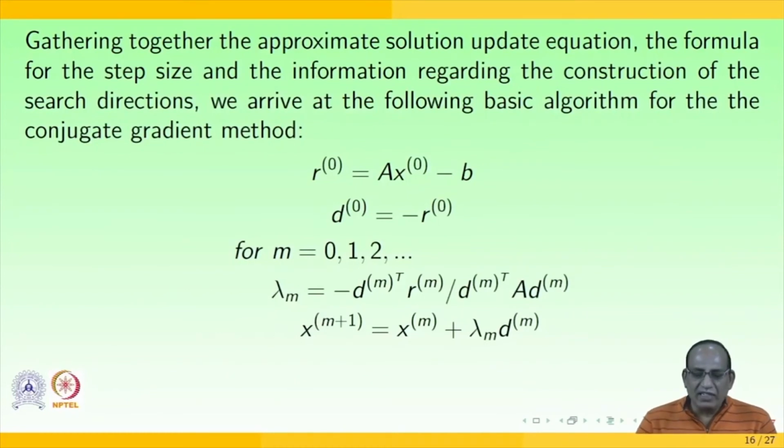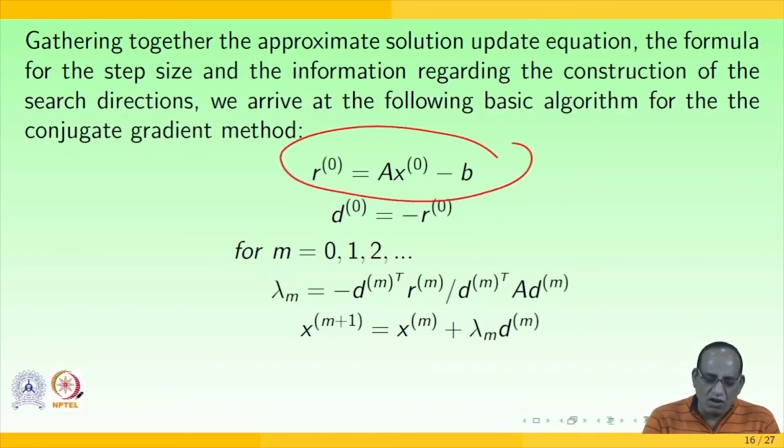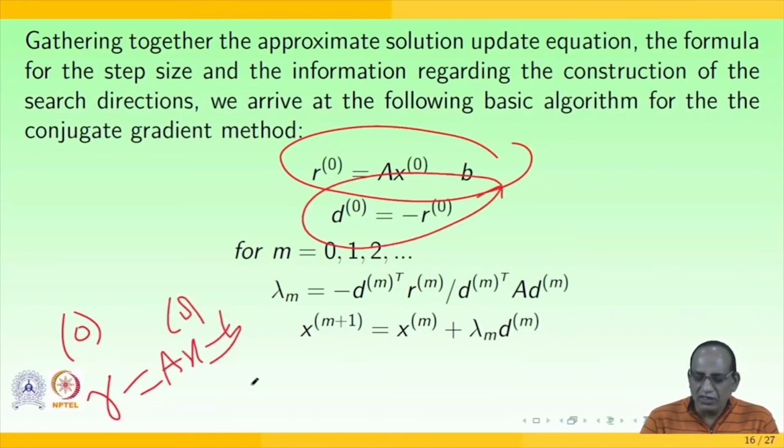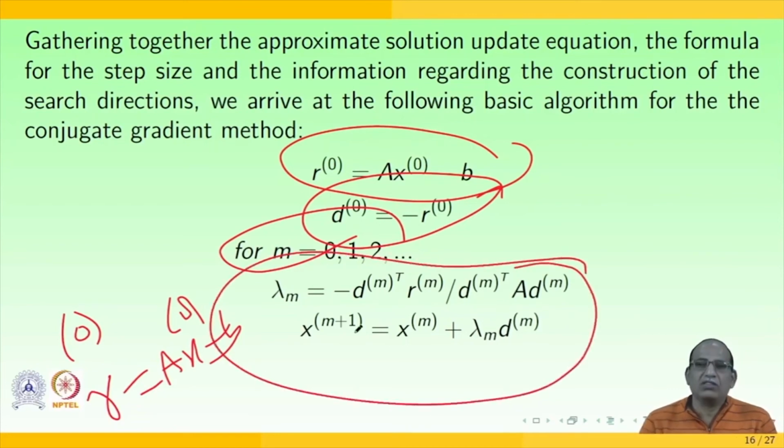Gathering together the approximate solution updating equations: r_0 is equal to A x_0 minus b, and d_0 is this, and for m equal to 1, 2, etc., we have these expressions in terms of lambda. So lambda_m is this and x_(m+1) will be this.